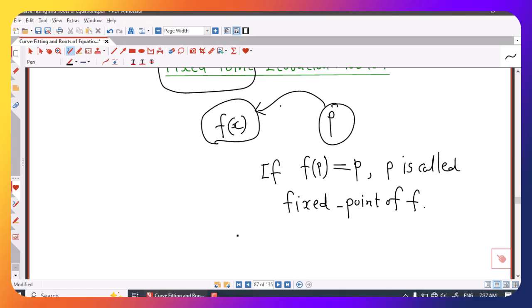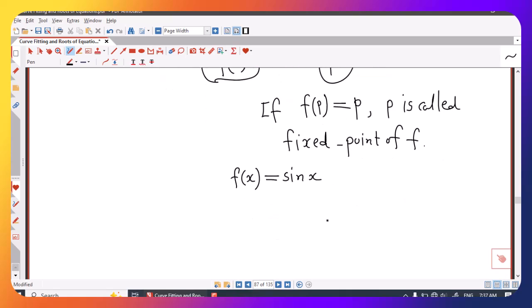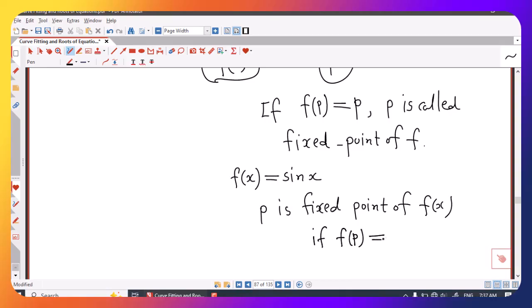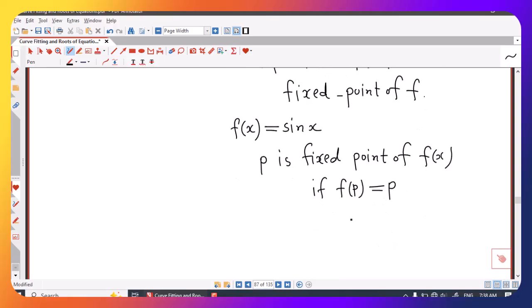For example, if I take f of x equal to sin x, then number p is a fixed point of f of x if f of p equals p, that is by definition, and our function is sin x.